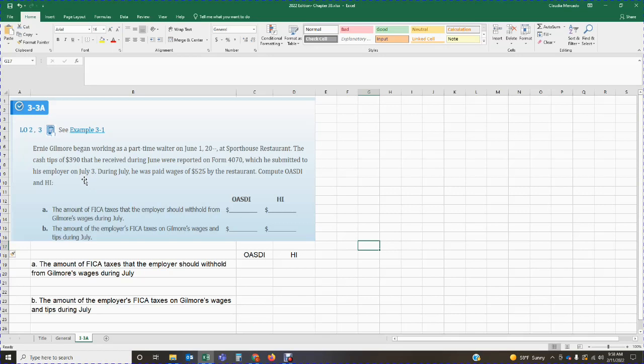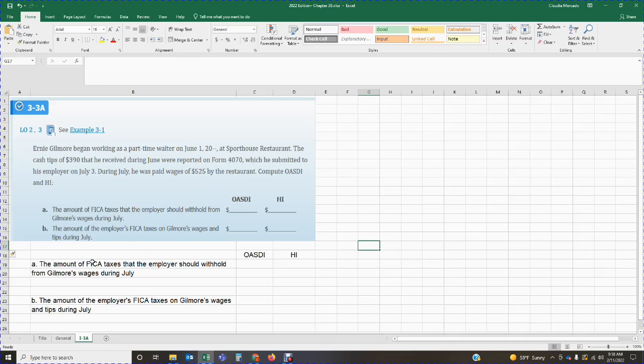So in July, the employer needs to deduct the OASDI and the HI tax for those tips earned. In addition, during the month of July, the employee earned $525 of wages. Therefore, the employer also needs to withhold any OASDI and HI for those wages.